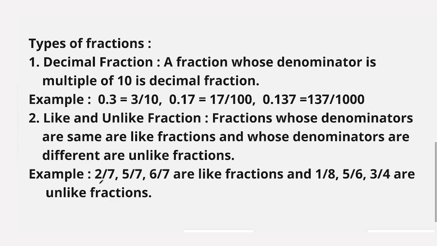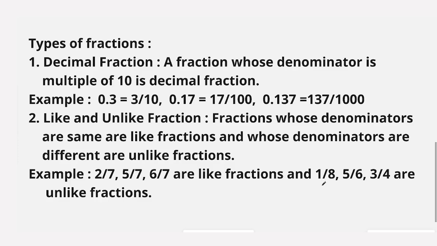Why are these like fractions? Because the denominator in all these 3 fractions is the same, which is 7. In 2 upon 7, the denominator is 7. In 5 upon 7, the denominator is 7. And in 6 upon 7, the denominator is 7. So these are like fractions.